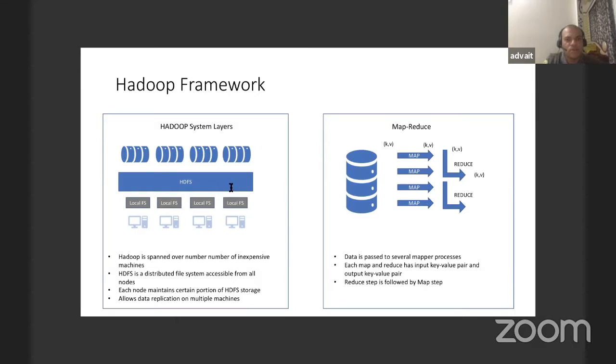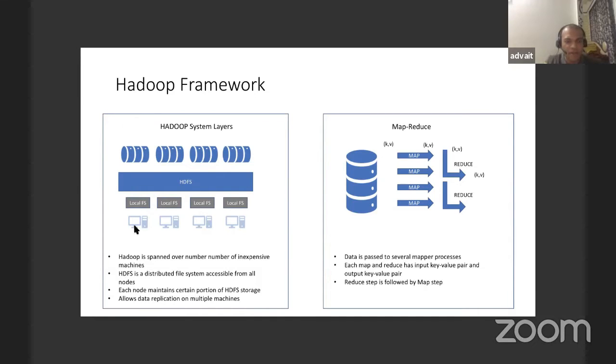On the left hand side, you'll see the typical architecture of a Hadoop system, where there are typical commodity computers, maybe cheap and older computers, 10 years old, that you might sell for a very small price like 2000 or 3000.